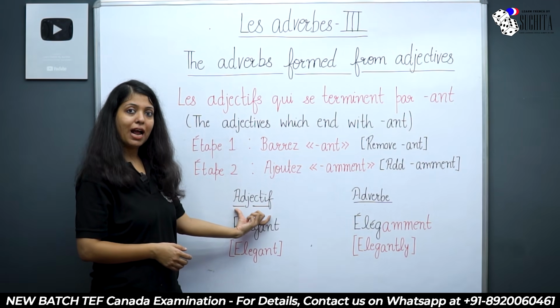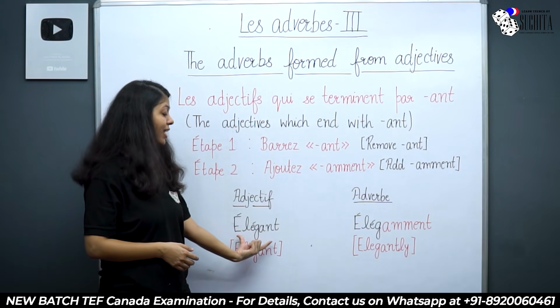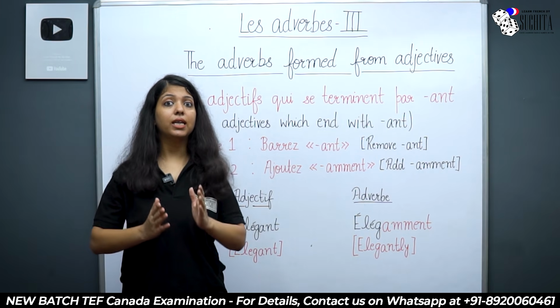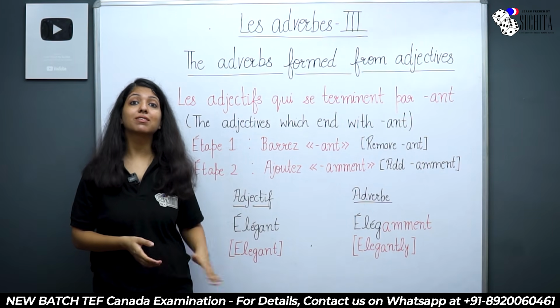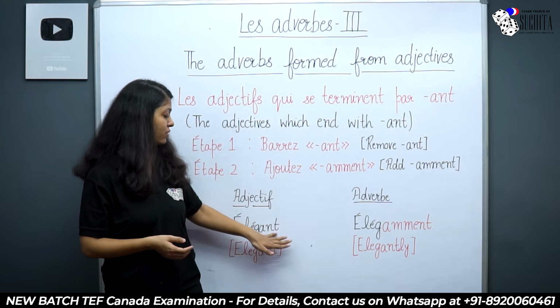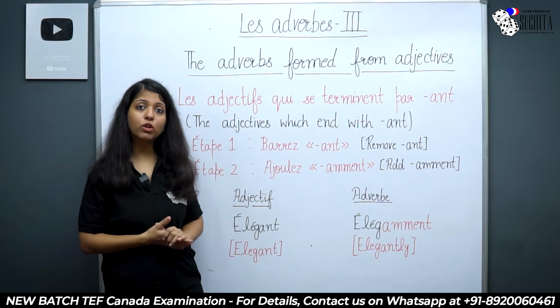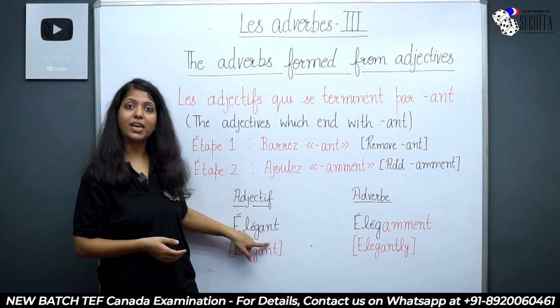Now, the adjective that you have in front of you is élégant, which means elegant. Can you see your adjective is ending with ant? So what will you do? You'll simply remove ant.